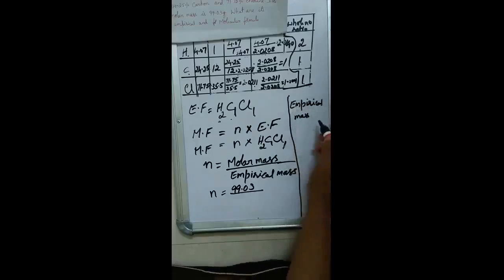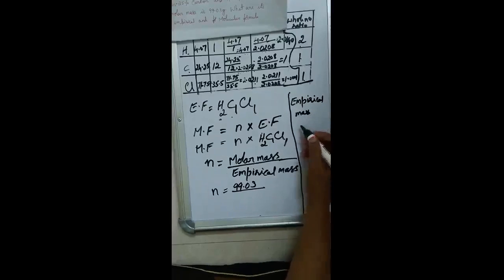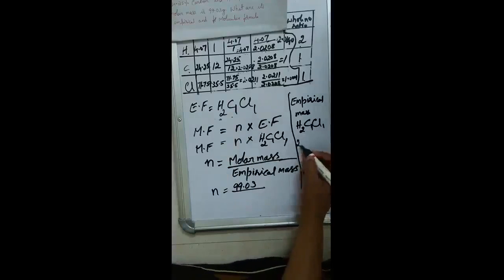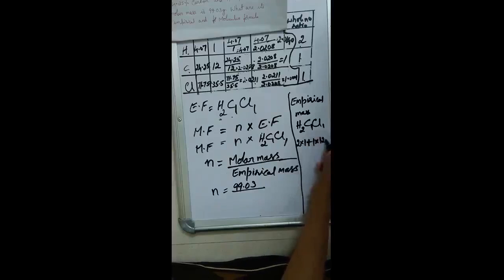It is similar to how we usually calculate molecular mass. So, I will write the empirical formula first, which we already calculated. How many hydrogen atoms are present? 2. What is the atomic mass of hydrogen? 1. Plus, how many carbon atoms are present? 1 into 12, the atomic mass of carbon is 12. Plus, how many chlorine atoms are present? 1 into 35.5.